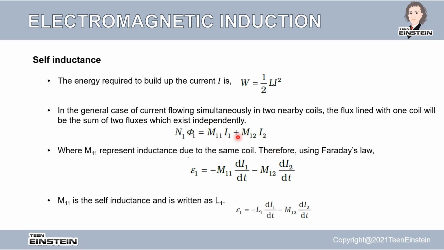So M11 is the self-inductance due to the same coil and M12 is the inductance on one coil due to the other coil. So if you work on this using Faraday's law, just differentiate it, then you get epsilon 1, that is the EMF induced in coil 1, equal to minus M11 di1 by dt minus M12 di2 by dt. And now M11 is the self-inductance, so we can write it as L1, minus M12 di2 by dt.